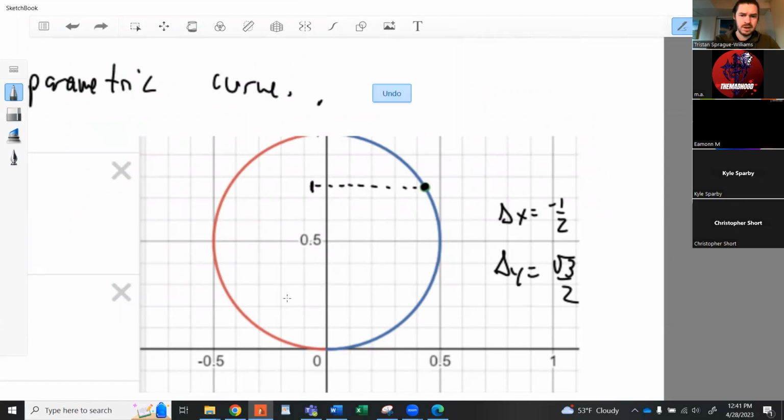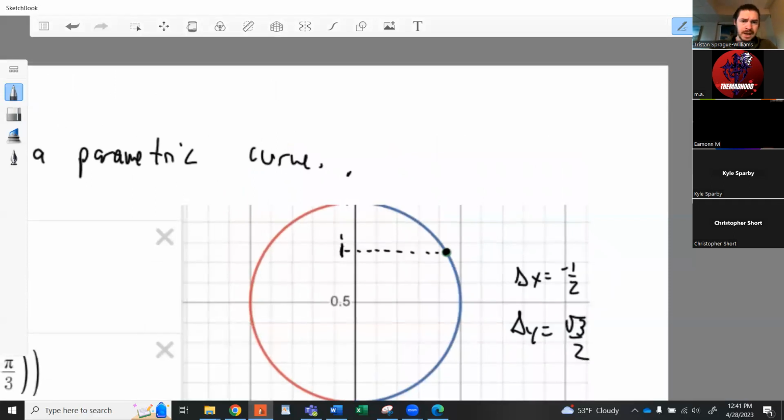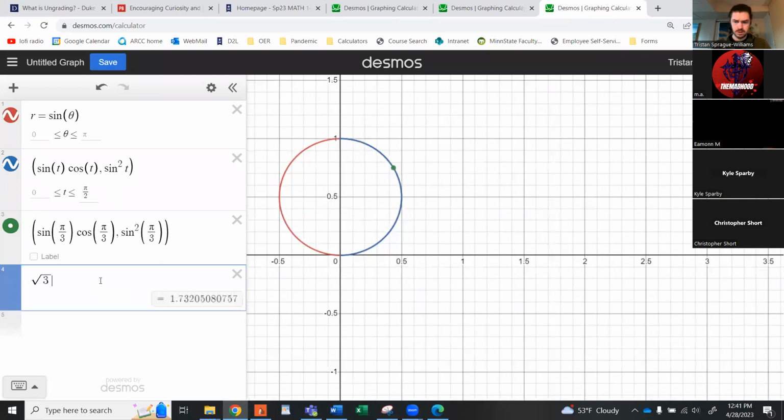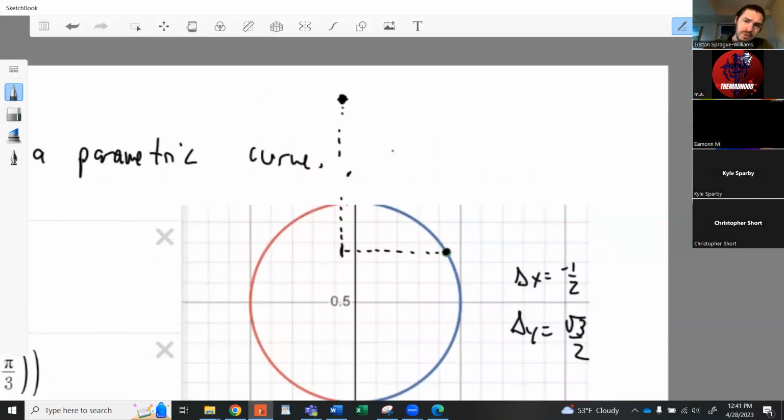That's 1/2 a unit, measured to the left. And then we have square root of 3 over 2, which is 0.87, so up by about that far. If we change x and change y by that amount, we get this point, right there.